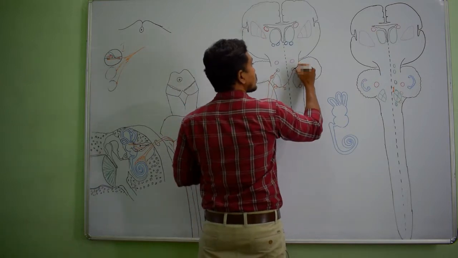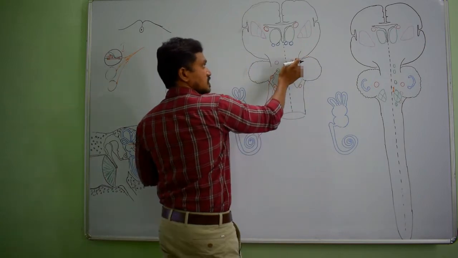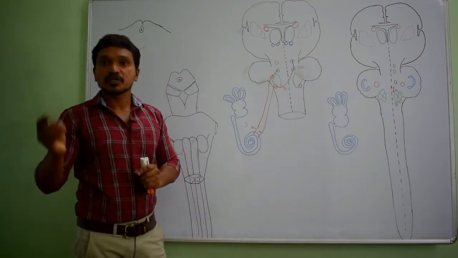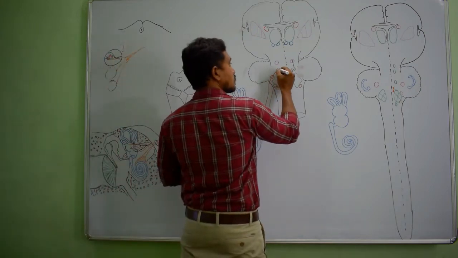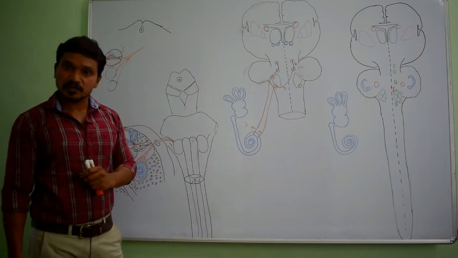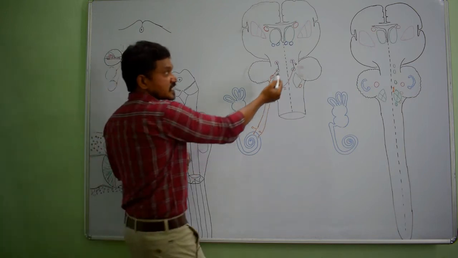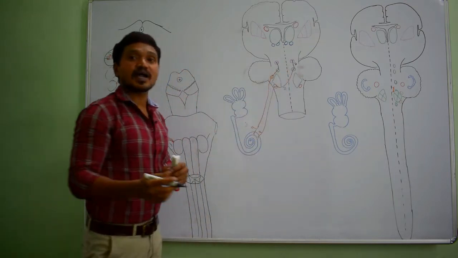These third order neurons ascend and end in, what is this which is present in the midbrain? Inferior colliculus. Third order neurons end in the inferior colliculus. But this tract is there, no? This tract we call lateral lemniscus.